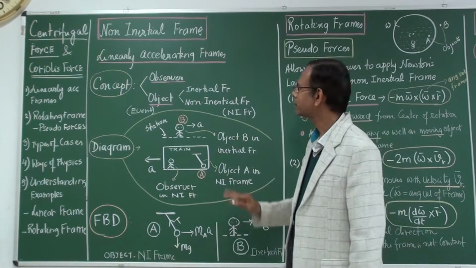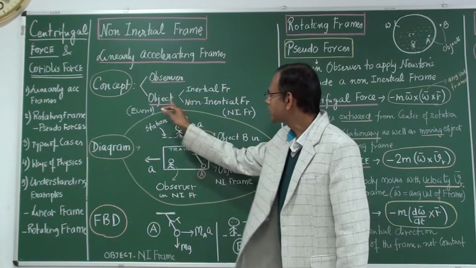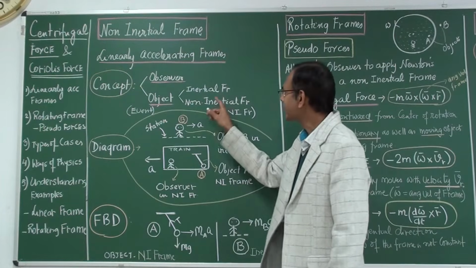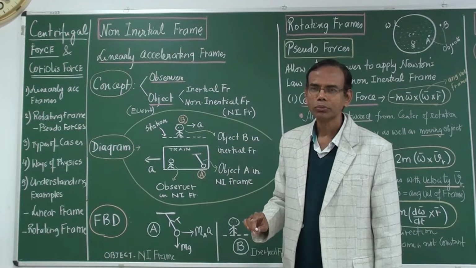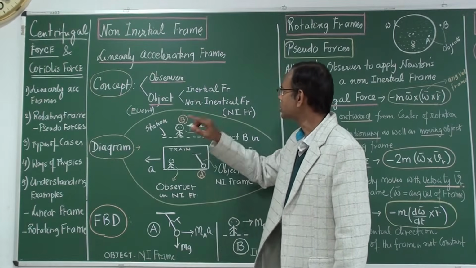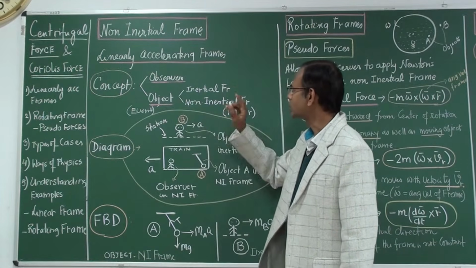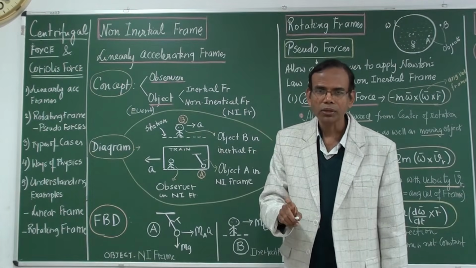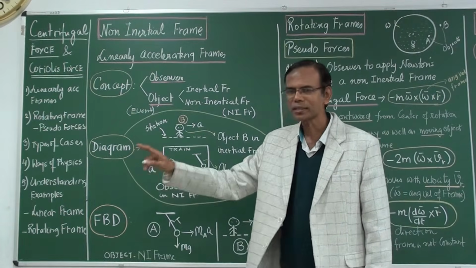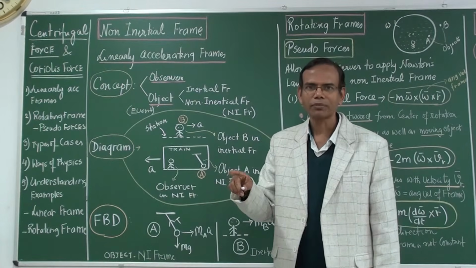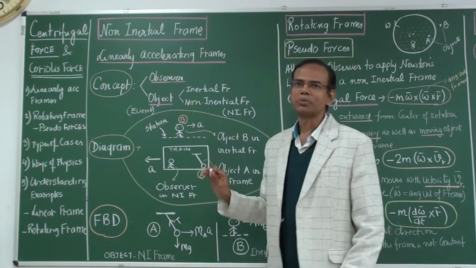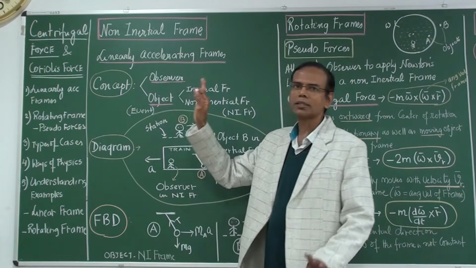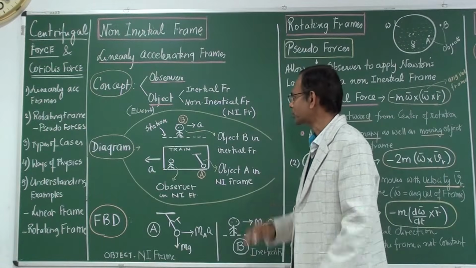Usually we think that the object is always in the non-inertial frame, but that is not necessary. It can be in the inertial frame also. How will an observer in a non-inertial frame, whether linearly accelerating or rotational, observe? I hope the concept of observer and object is clear to you.